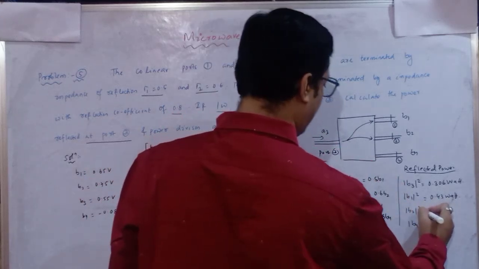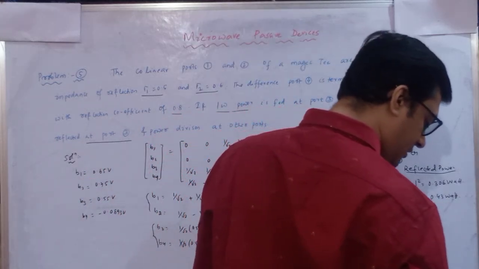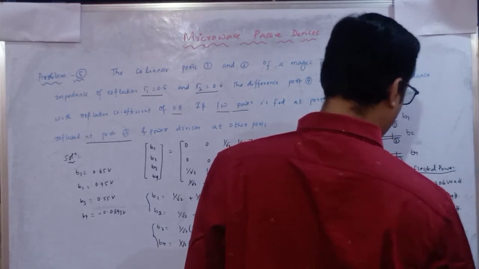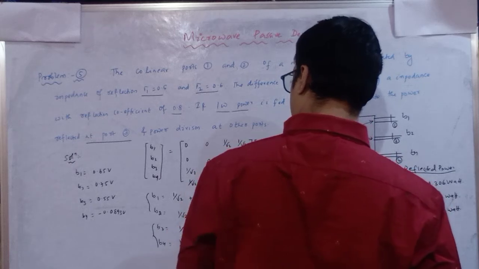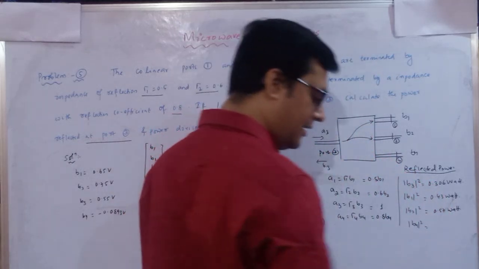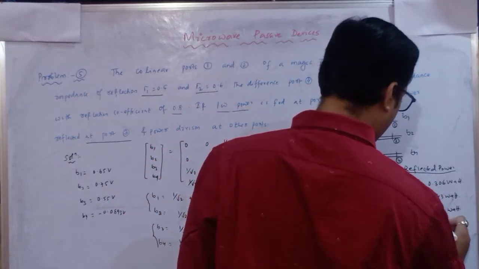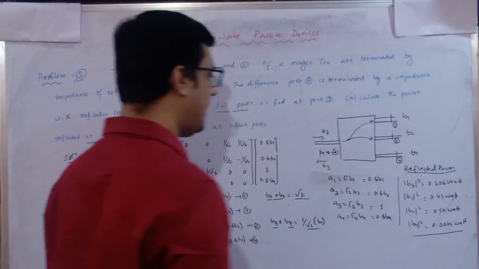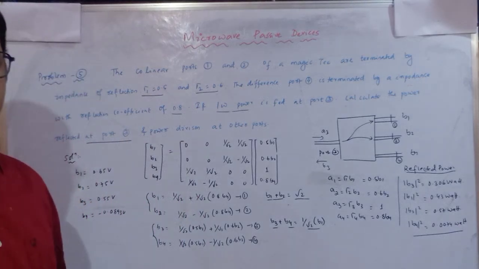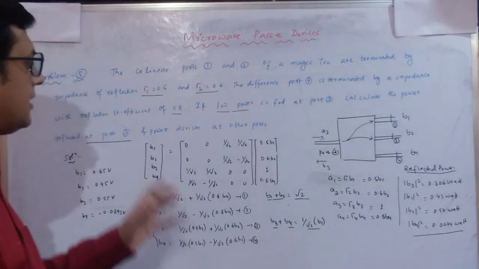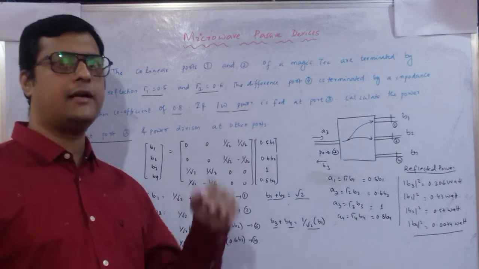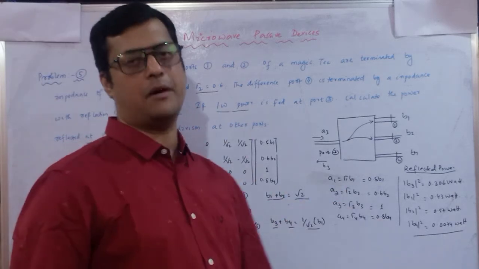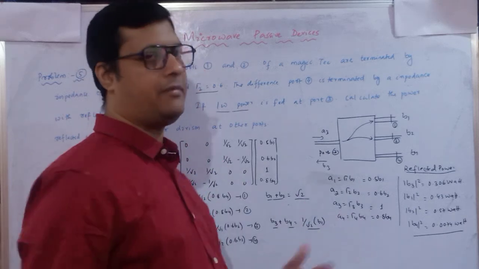B2 is 0.75, so if you square it, you will get 0.57 watt, and B4 is minus 0.0893, you will get 0.0074 watt. Okay, so like this you have to analyze the scattering matrix, and with the help of the scattering matrix you have to identify the reflected potential first, then square it, you will get your reflected power. So this type of question may come in your exam.